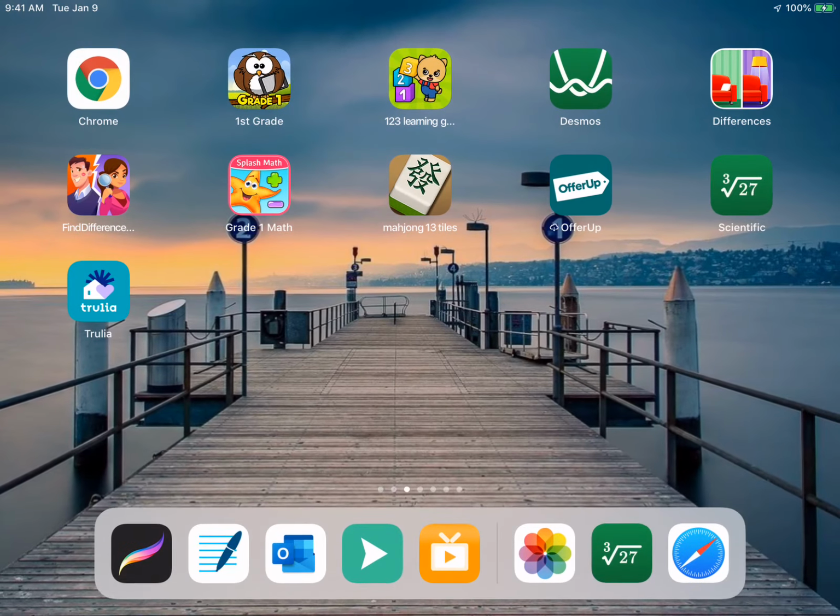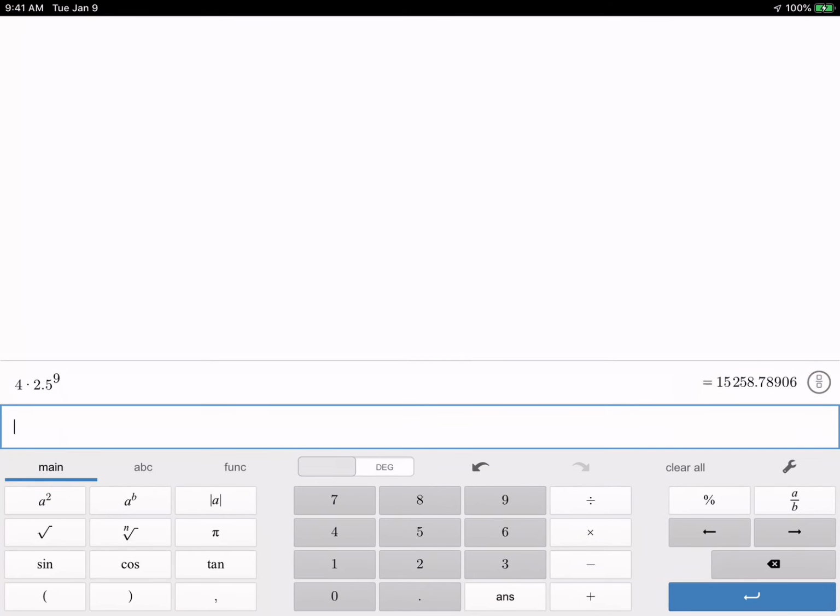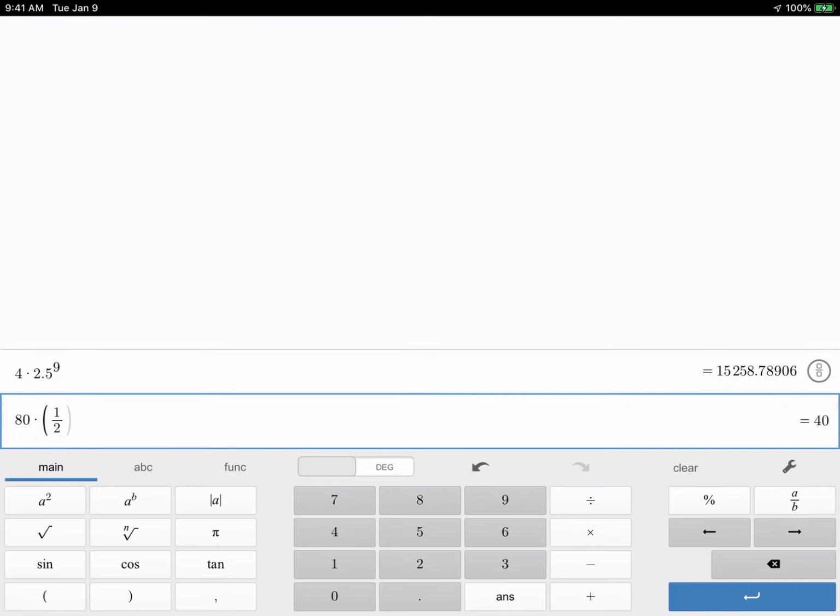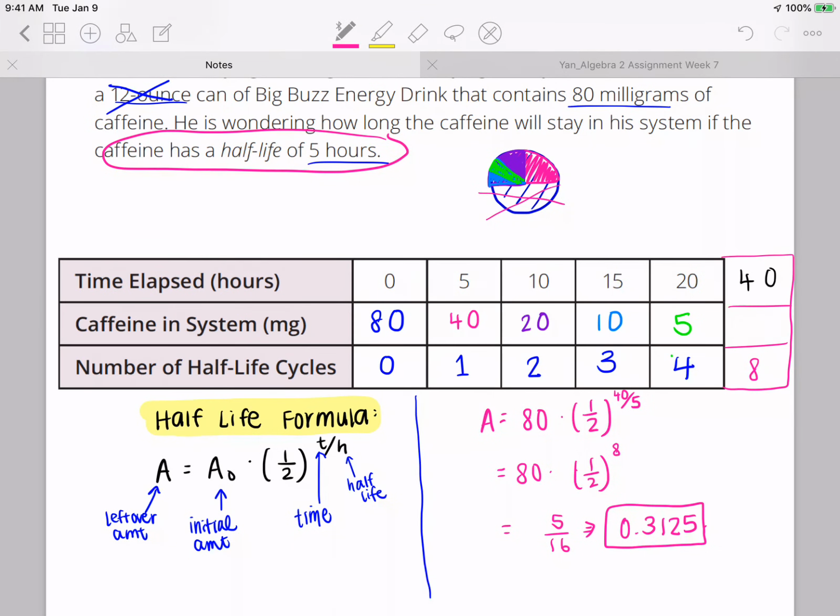Let me see. So let's do 80 times 1/2 to the 8, 0.3125. Okay, so back over here, we just need to fill in our answer. That's it.